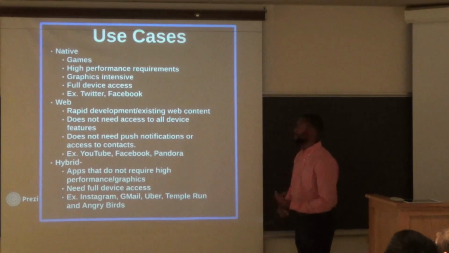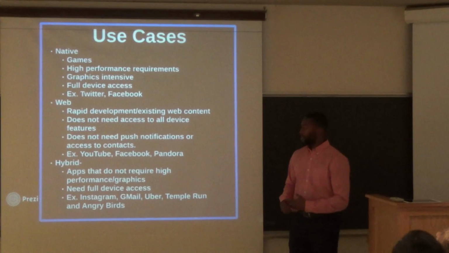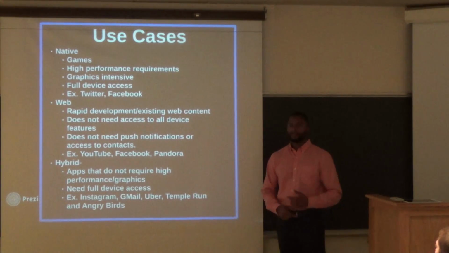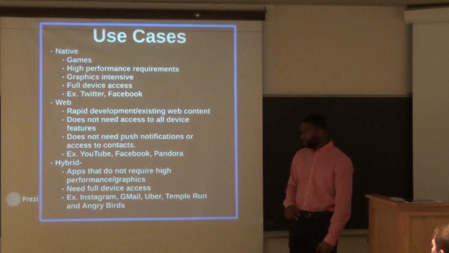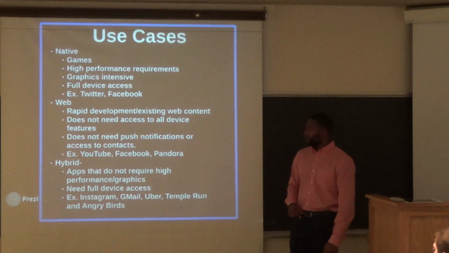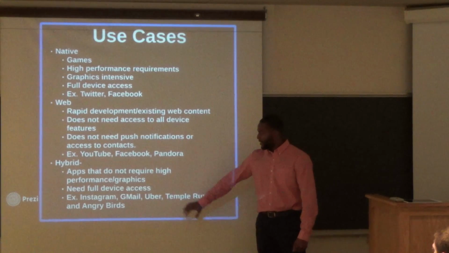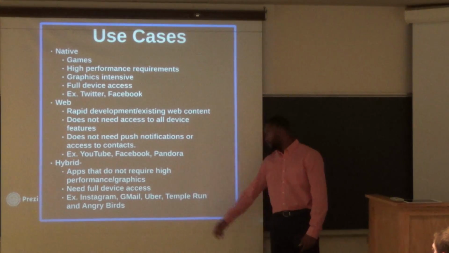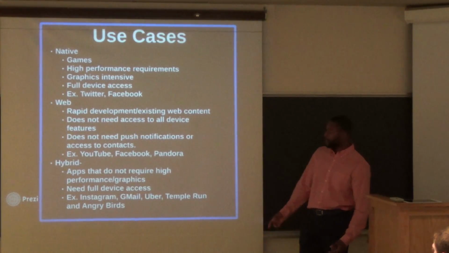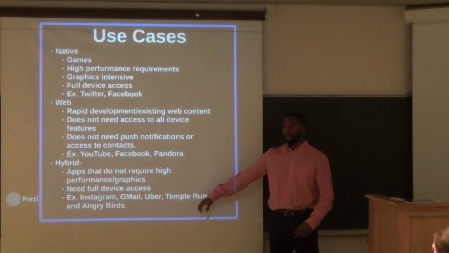Moving on to the hybrid apps, they're for when you do not require high performance or graphics intensive displays, and if you need to access the device's features. Some examples of that: Instagram, Gmail, Uber, Temple Run, and Angry Birds. Temple Run and Angry Birds are written in Unity.